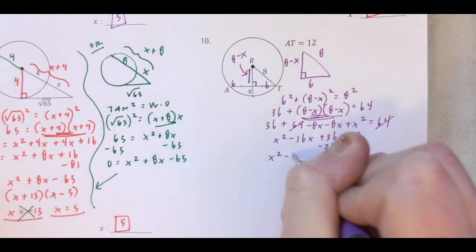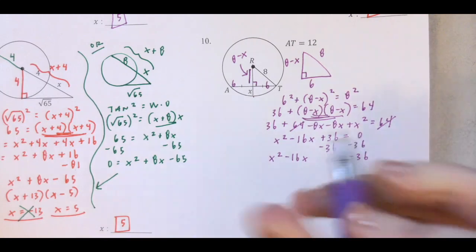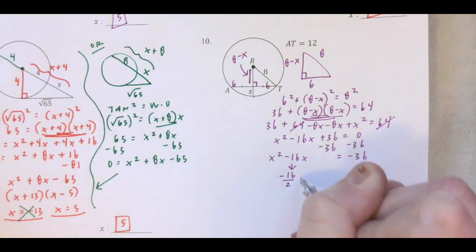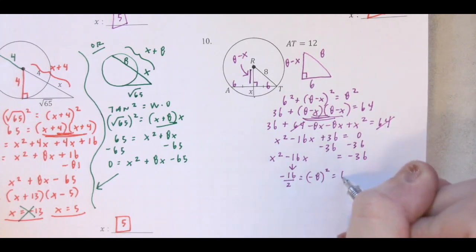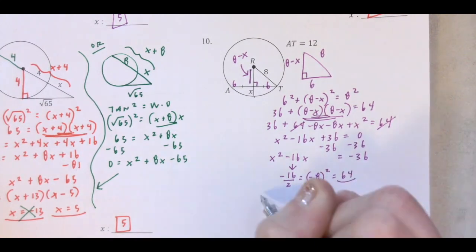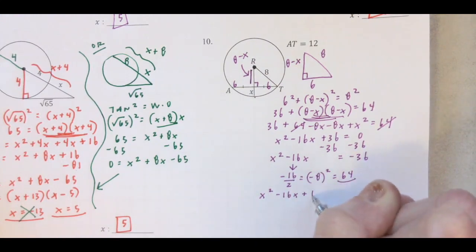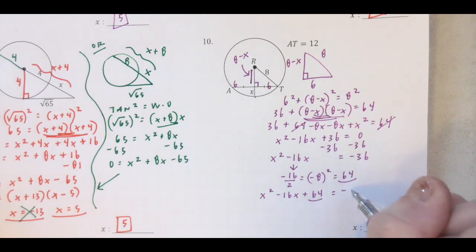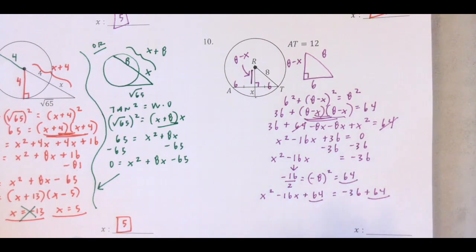So I have x squared minus 16x equals negative 36. I take that linear term, that negative 16, I split it in half, and I square it. Gets me 64. So I have x squared minus 16x plus 64 equals negative 36 plus 64.